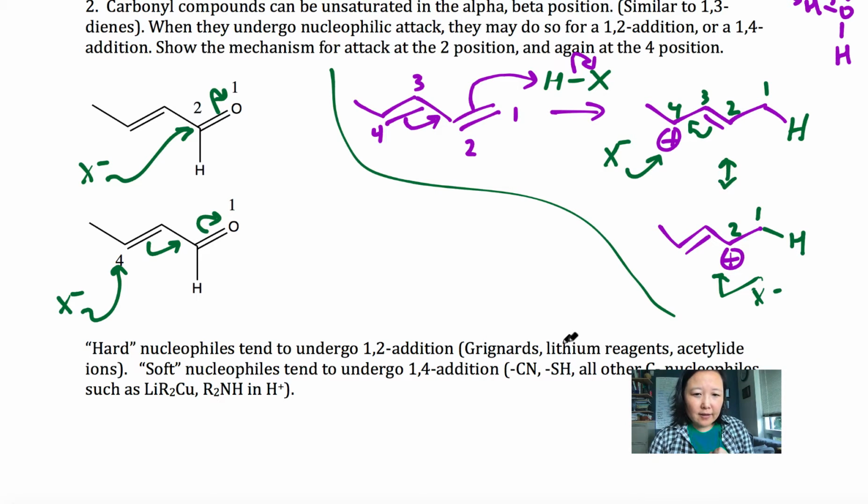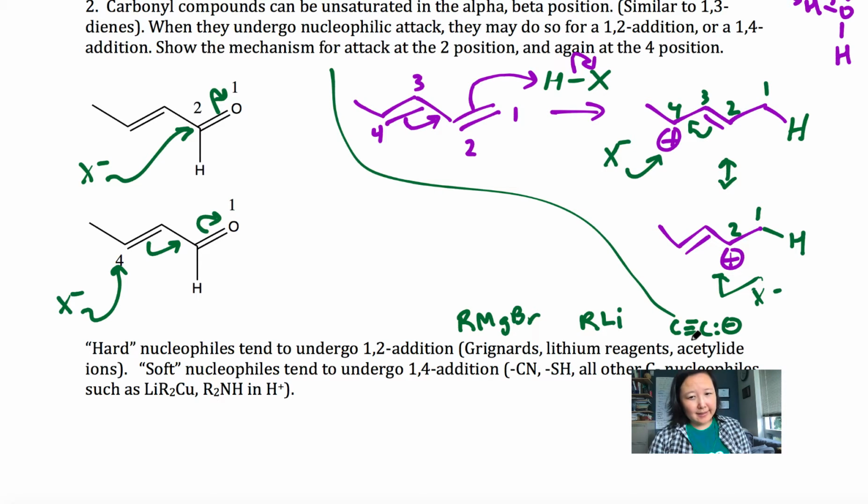Those kinds of nucleophiles tend to be Grignard reagents, organolithium reagents, acetylide, hydride, things like that. I'll write them down here. Okay, acetylide ions are the alkyne carbon ions. So anything that usually has a negative charge on a carbon.